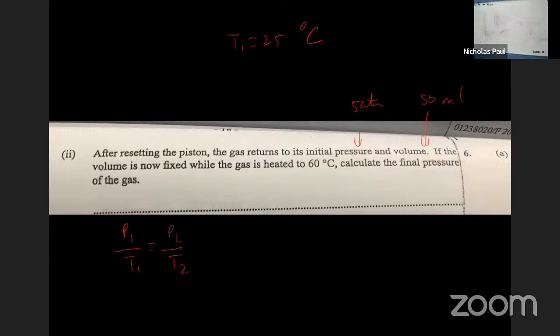Hurry up. Use pressure law and find the final pressure. Temperature must be in what? Kelvin, right?